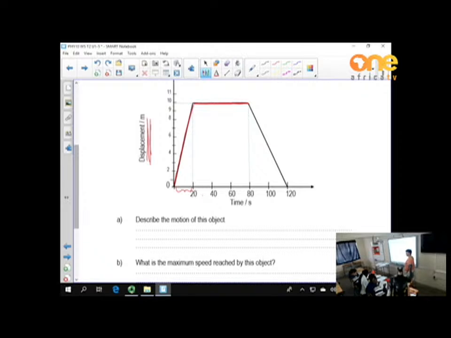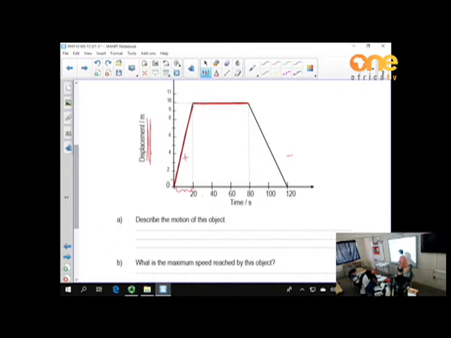It doesn't decelerate. It moves in the opposite direction because this was a positive speed, and if that's a negative speed, it means the opposite direction. So it will go backwards at a constant speed for the next 40 seconds.